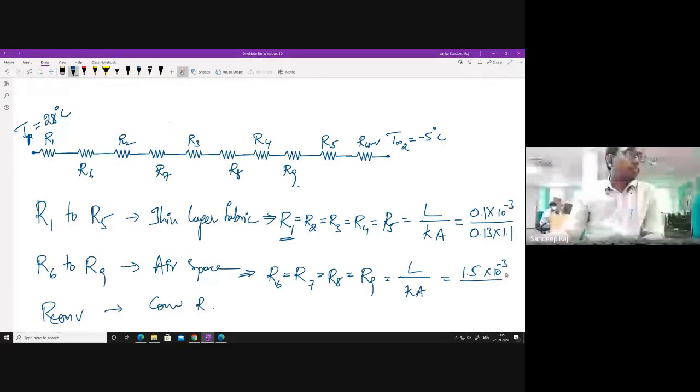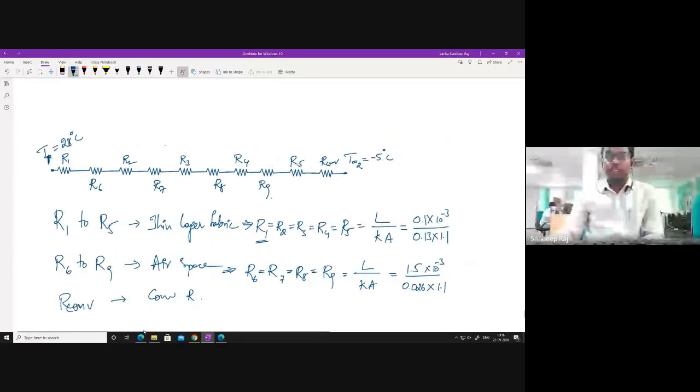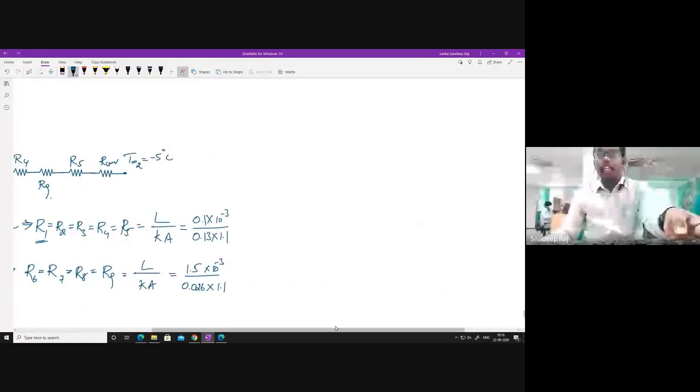To convert into meters, I have multiplied it with 10 to the power of minus 3. And the K value of area is 0.026. The area is 1.1. Okay, so somebody calculate these values and tell me what the values are here.